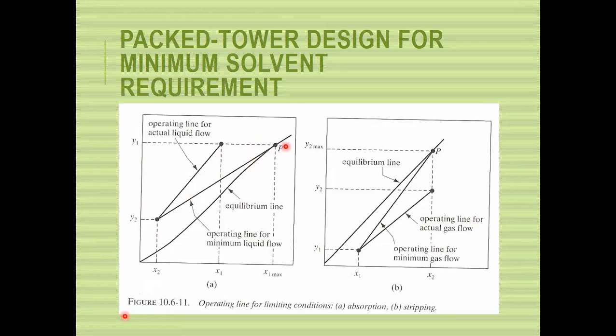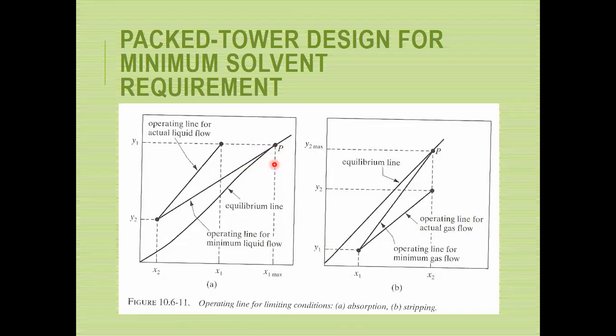At this point, we say that x1 is maximum, and that is the recovery of your liquid phase is maximized when we transfer this point in the original orientation of your operating line for gas absorption to here. So that's how we do it when we determine the minimum solvent requirement for gas absorption.